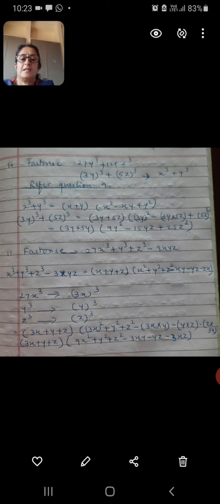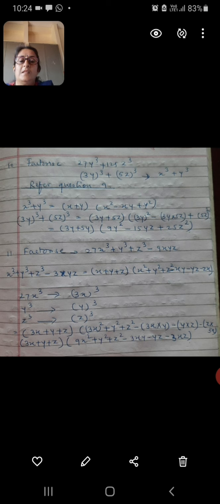One more question, that is factorize 27x cube plus y cube plus z cube minus 9xyz. So you have learned that x cube plus y cube plus z cube minus 3xyz is equal to (x plus y plus z) times (x square plus y square plus z square minus xy minus yz minus zx).